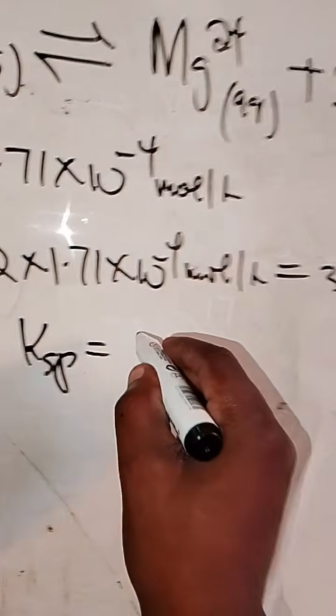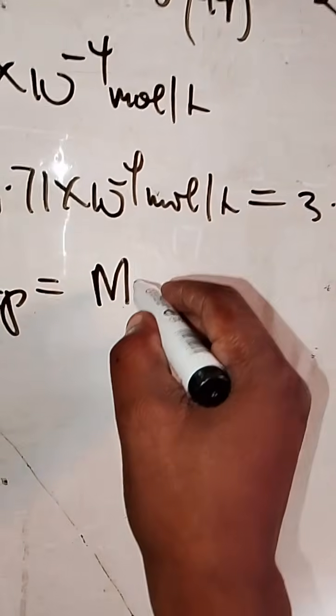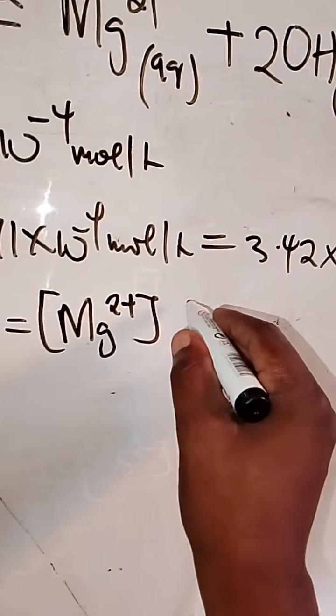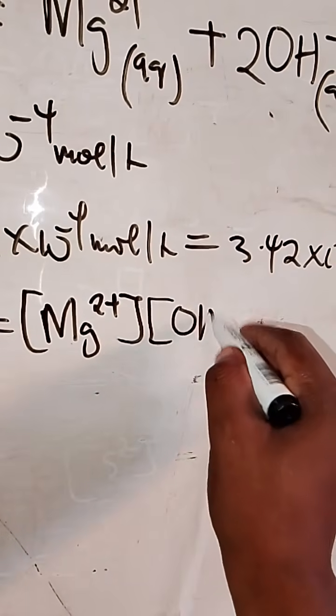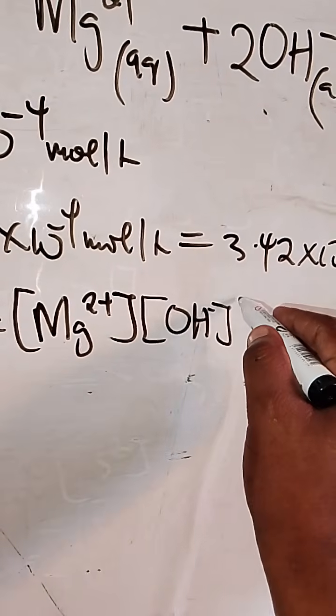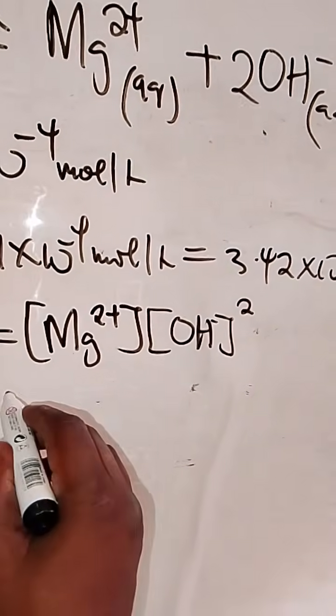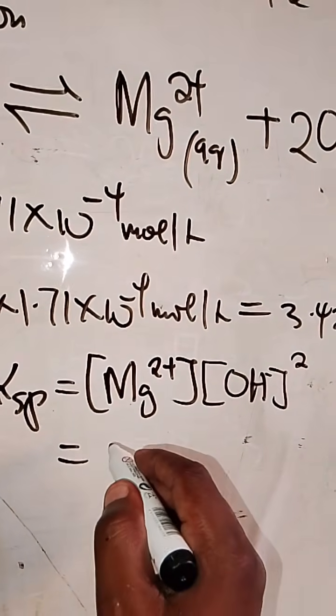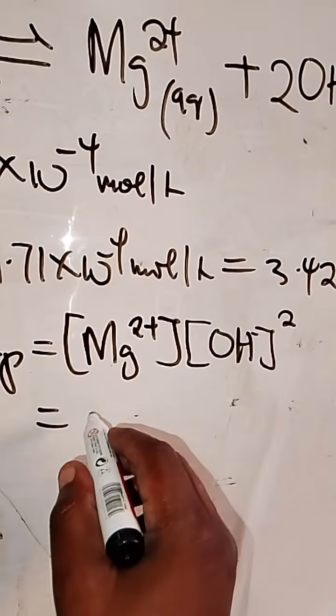Then now you write the Ksp expression. So Ksp will equal the magnesium ion times the hydroxide ion squared. Now you substitute the concentrations into the expression.